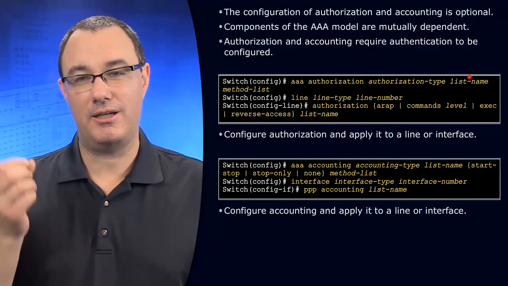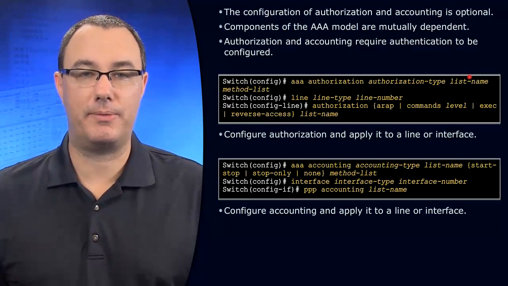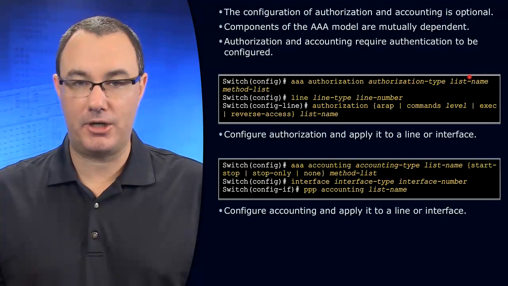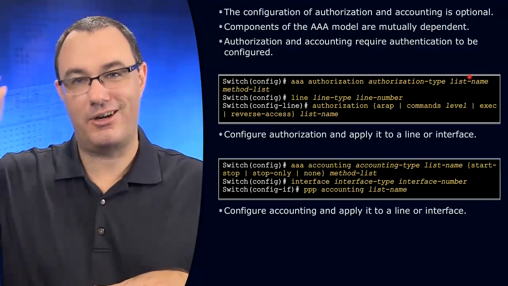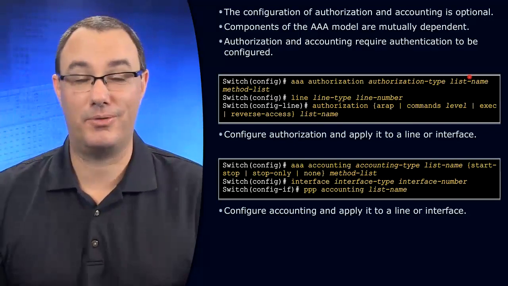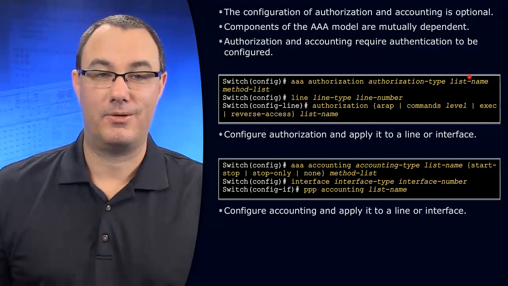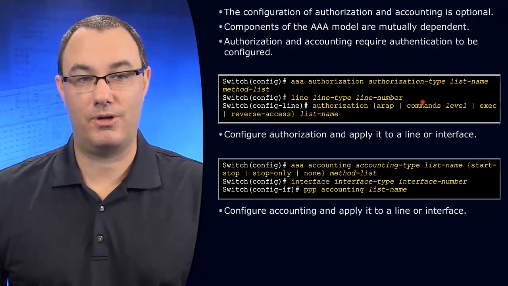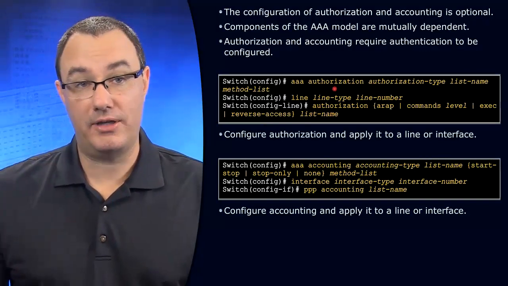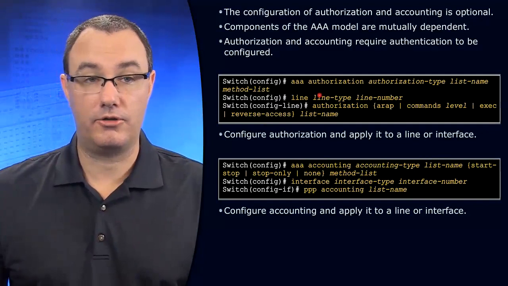And we can even be discrete down to the individual commands that can be executed by an individual user. Type in a command, server goes out, checks, can they do that command, comes back, and accepts or rejects it. Okay? So at this point, we're talking about doing this on maybe our VTY lines or a console line.